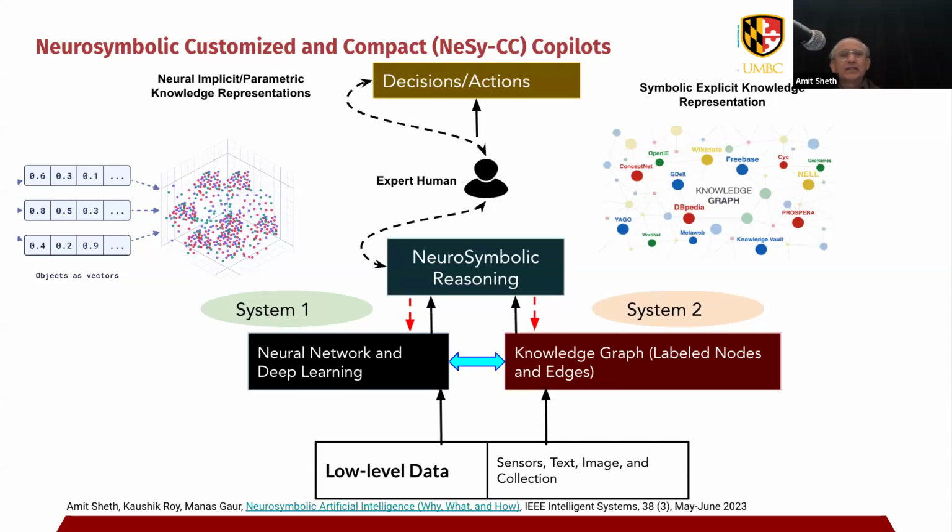So we want to bring together and harness both. On the left-hand side, you see the use of vectors and very efficient learning from data, and explicit knowledge. Another well-known term is System 1, or perceptual computing as I call it, and System 2, or cognitive computing as I call it, right?